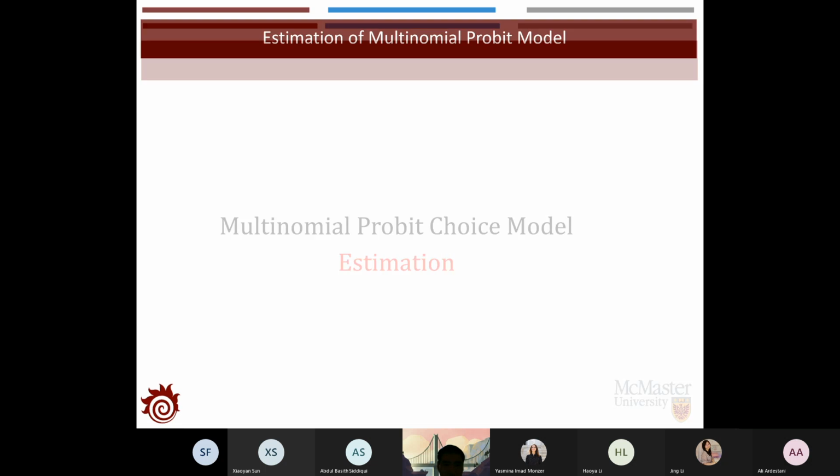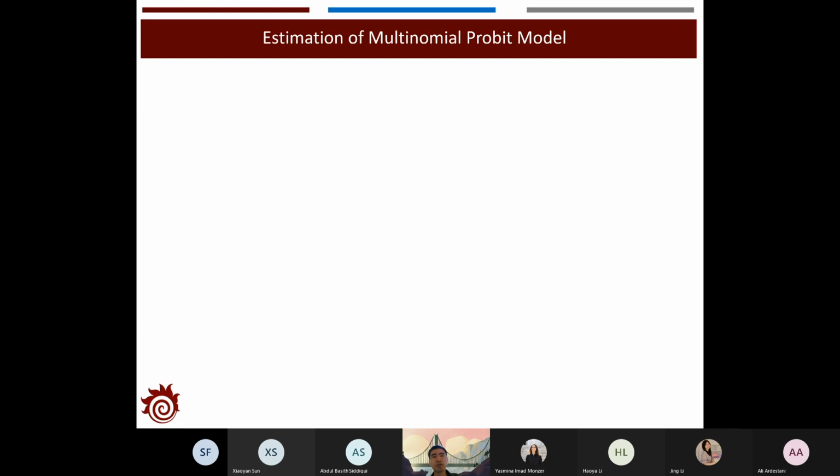So for the calibration of the multinomial probit model, we first need to specify the probability of choosing a mode k from the set of the alternatives.